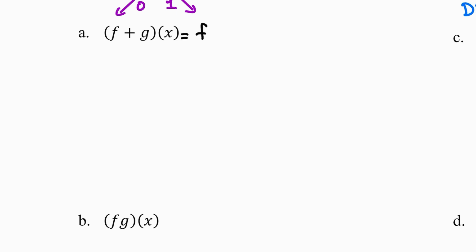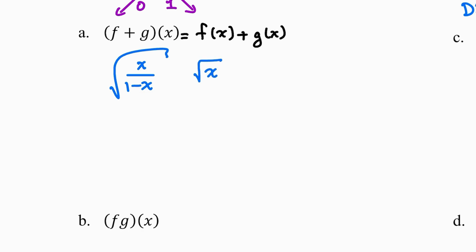This is saying you're taking f of x and g of x and adding those two together. Well, f is the square root of x over 1 minus x, g is just simply the square root of x, and we're adding them. So that's it. I'm going to fix the square root a little bit better. There we go. And that's honestly as much as you need to simplify this to in this class.